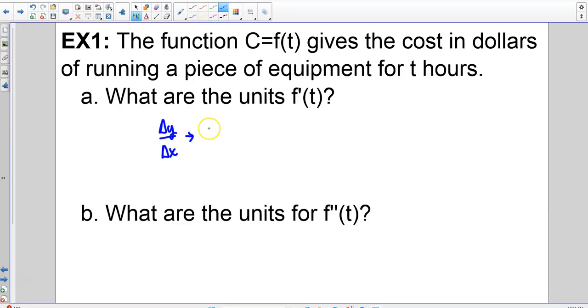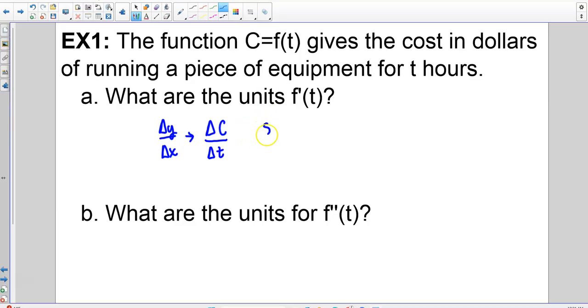It is change in c, or you could call it f, either one here, because they said c equals f of t, over our change in t. So if we're thinking about units, we need the units for c divided by the units for t. So what were the units for c? Dollars, right?